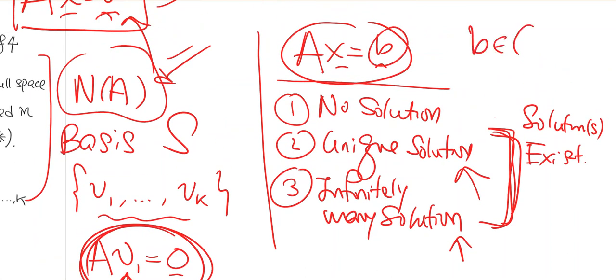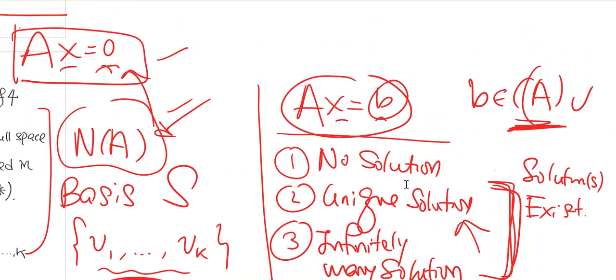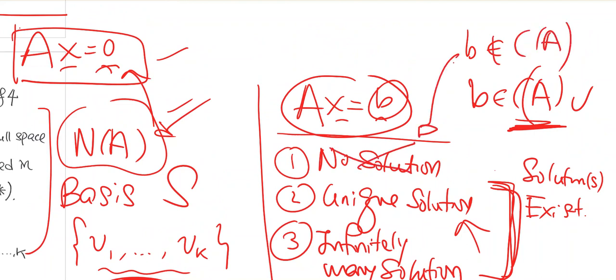If b is in the column space of A, we have solutions. How many? I don't know, but we have solutions. It could be unique, it could be infinitely many. The column space of A would not tell you whether it's unique or infinitely many, but it will tell you whether we do or do not have solutions. If b is in the column space of A, we have solutions. If b is not in the column space of A, sorry, no solutions. Does that make sense?